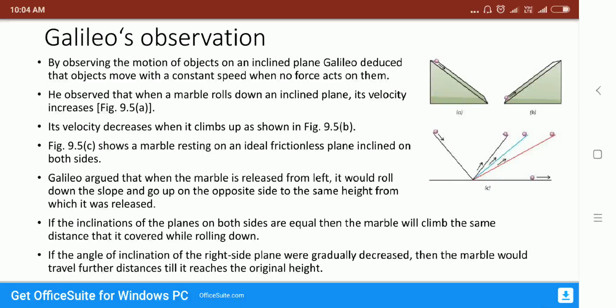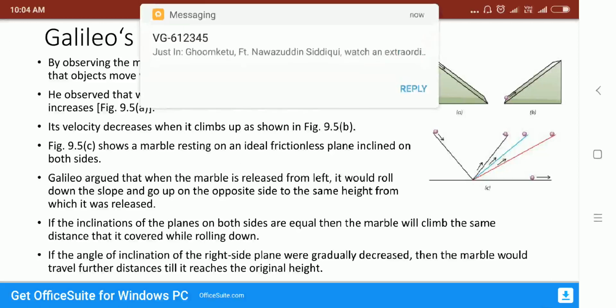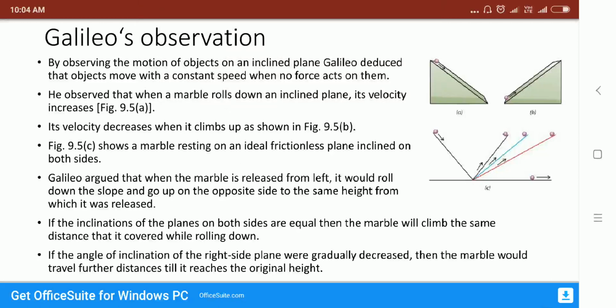Now we are combining both surfaces, both inclination angles. If the marble starts to move from left to right in a downward inclination and then directly moves up an upward inclination, what will happen?